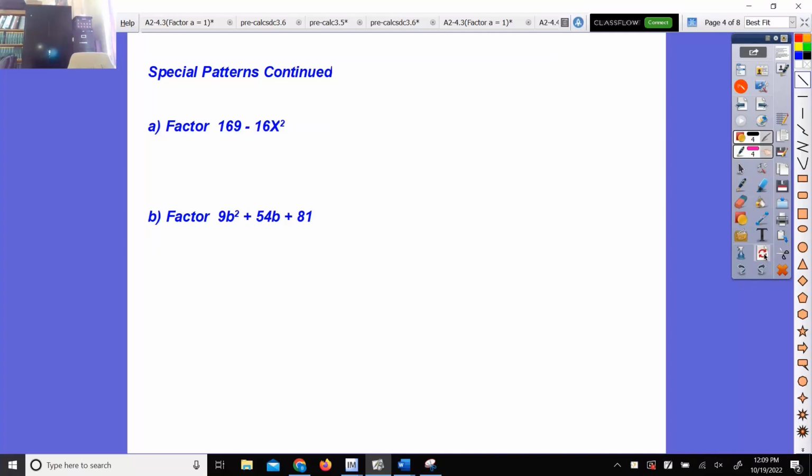A 9. Pull a 9 from 9b squared, what's left? b squared plus 6b plus 9. There's the 9. All right.